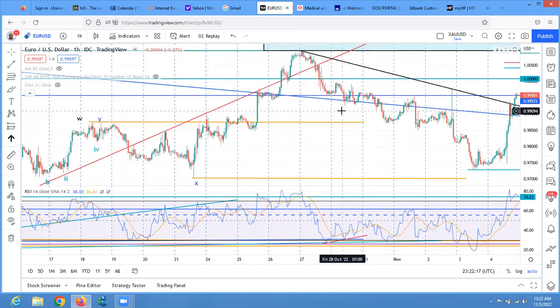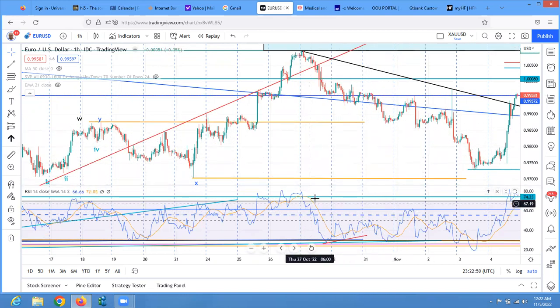If you look at the RSI at this level, it's looking as if we are dealing with a 3 here, and the way the price went before we had this low. So this low here didn't go lower than what we had here.